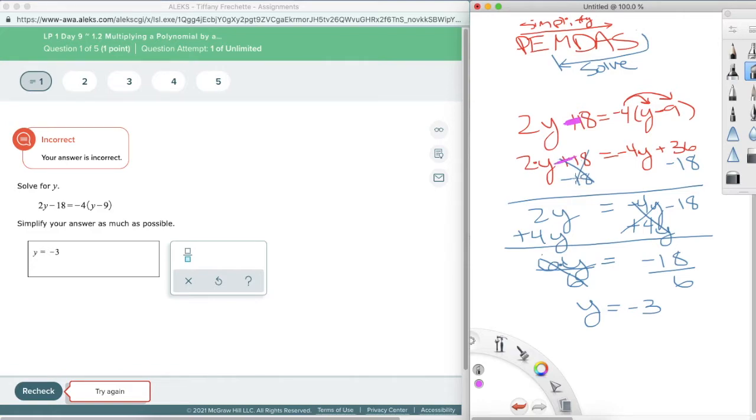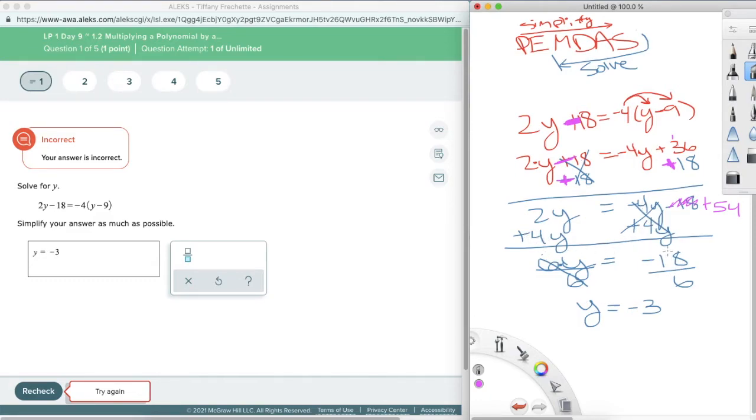So I actually should have added this 18 to both sides. So I'm just going through and troubleshooting. What did I do wrong here? So these still cancel out because I'm still doing the opposite now. But instead of 18, I'm going to end up with positive, let's see, what does that give me? 54 there. I would still do the same step here because that didn't have any mistakes on it.